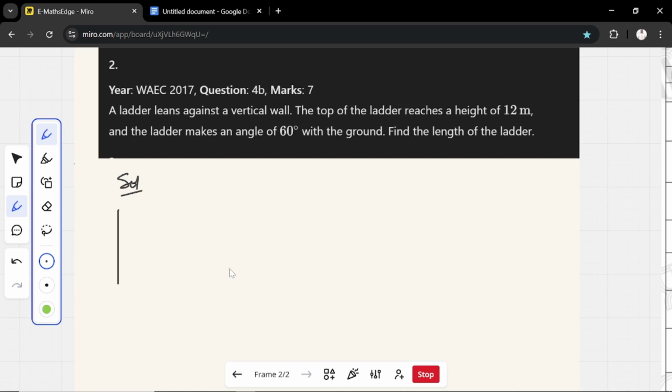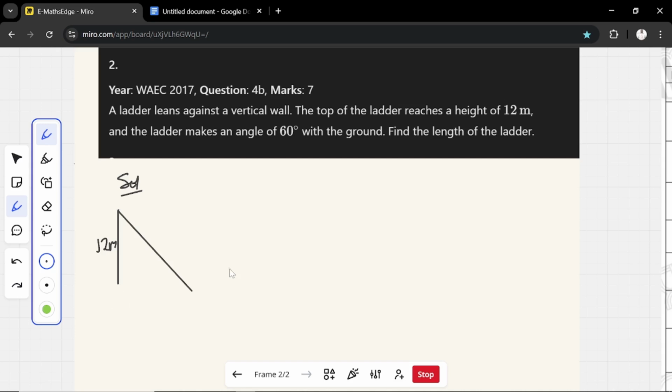So let's say this is the ladder leaning on the vertical wall from the top. That's to say the height of this vertical wall is 12 meters. The height from this point which the ladder leans on to the bottom is 12 meters.